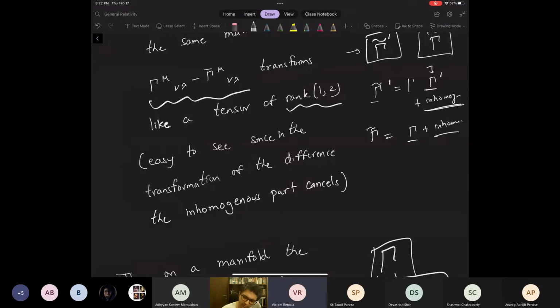There are some coefficients here. What really happens is, and this is a tensorial transformation, this part is the tensorial transformation.